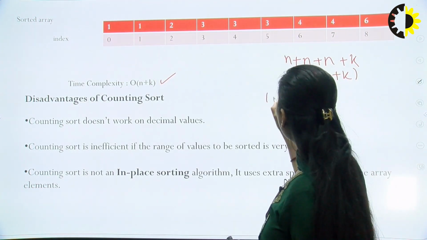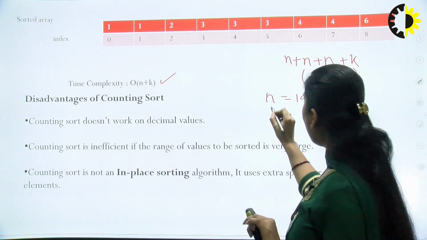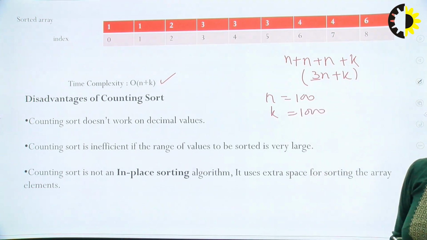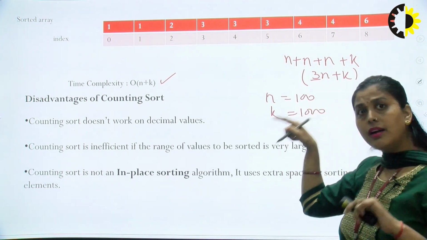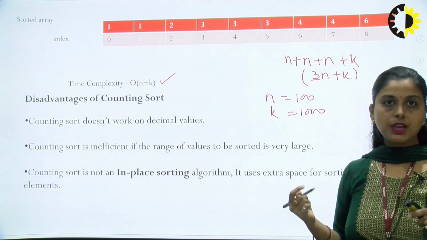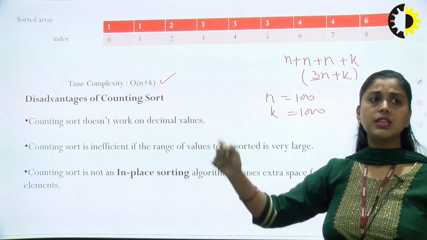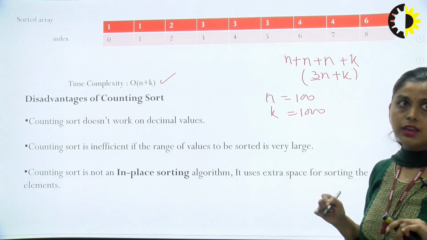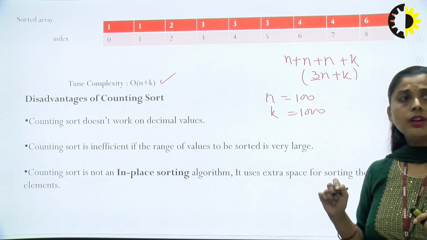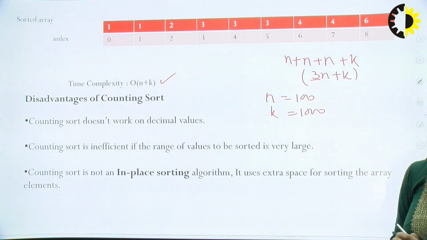Suppose we have an array with 100 elements and the range is going to 1000 or more. Then consider how many zeros there are. So if the range is very large, then counting sort is actually inefficient. And counting sort is not an in-place algorithm because it uses extra space for sorting the array elements.